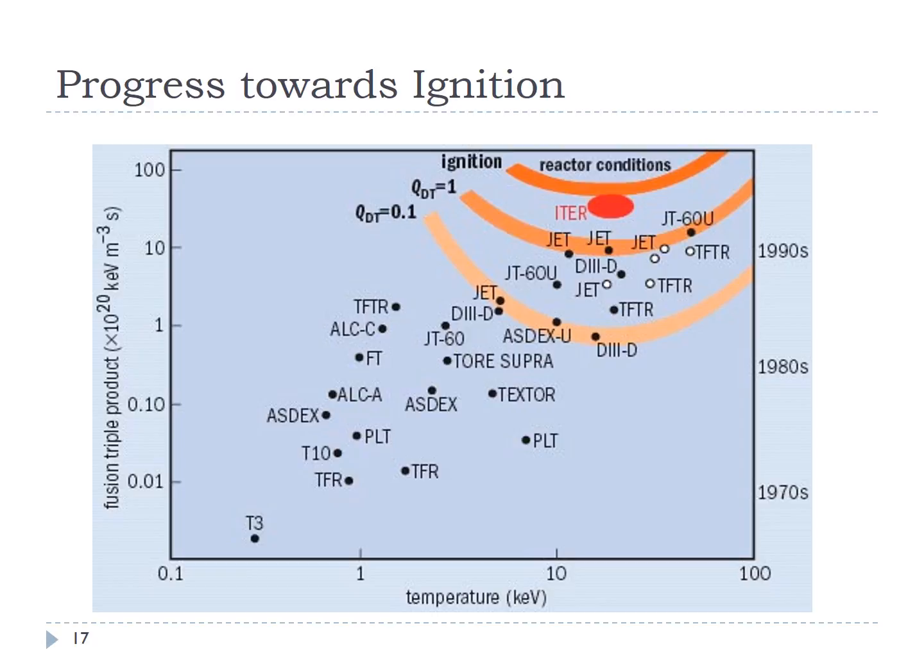And some of the latest ones, like JET, which is in England, have gotten close to what we call QDT equal to 1, meaning the total energy coming out of the reaction, neutron plus the helium formed, is equal to the energy put in. And what we definitely need is the amount of energy coming out from the helium to be greater than the amount of energy we put into it, right? So we need at least Q equal to 5 or so. We'd probably want to be ideally operating around Q equal to 10, maybe.